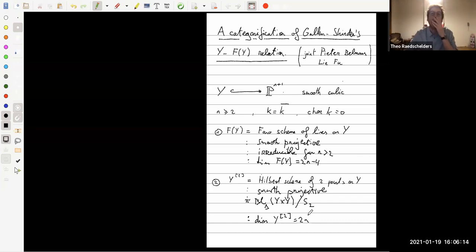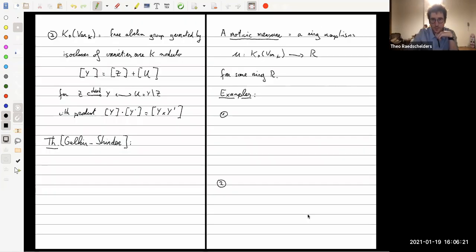All right. So these are the smooth projective varieties showing up in this relation. Where does it actually hold? So it takes place in this Grothendieck ring of varieties. So K0 bar is the Grothendieck ring of varieties.